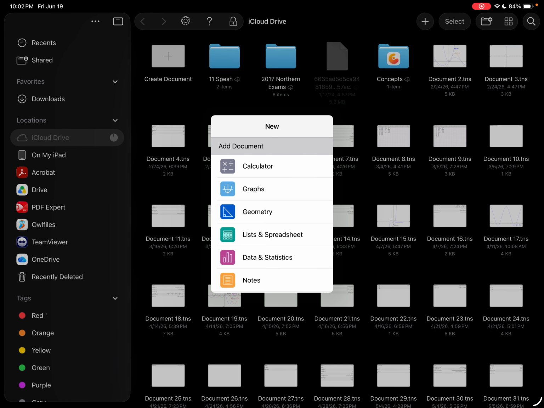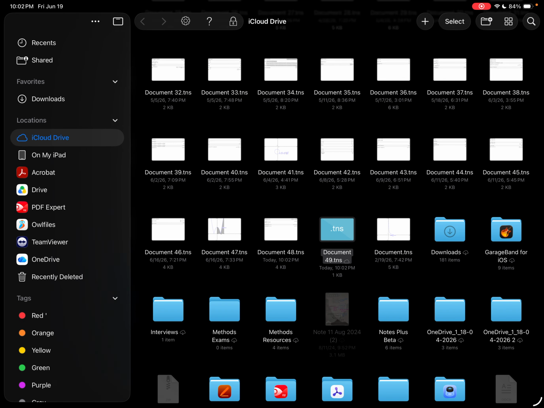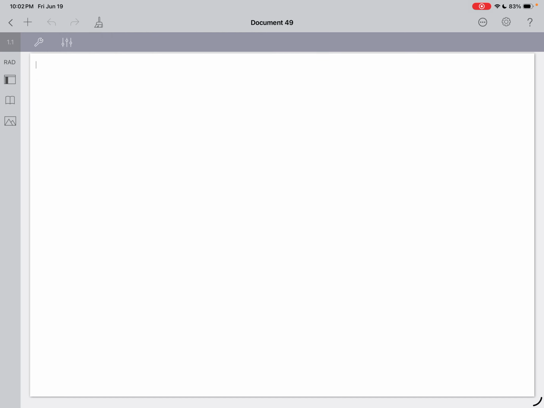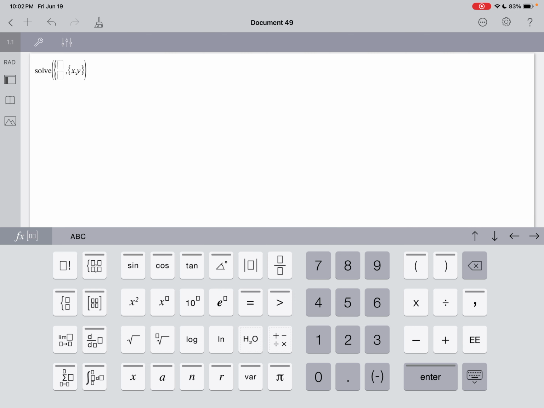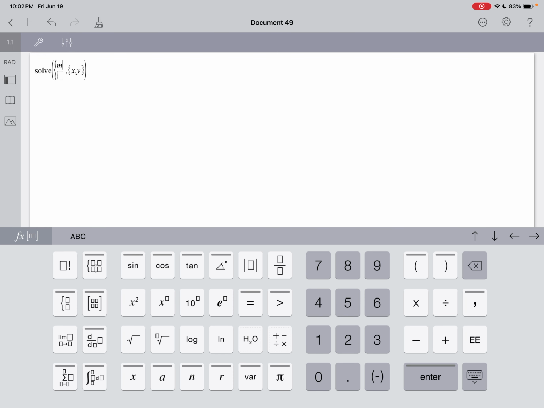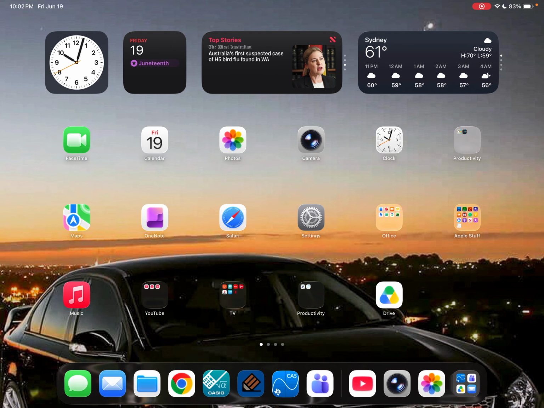Okay, so first you want to go into your calculator: menu, algebra, solve system of equations, solve for x and y. m times x plus 2y equals 5.